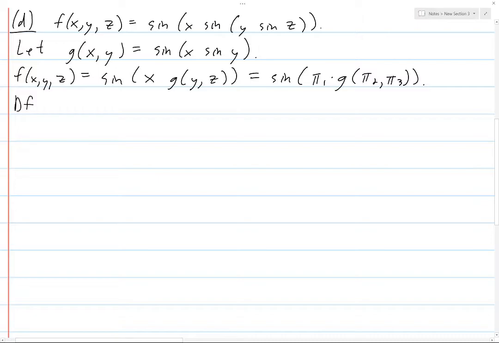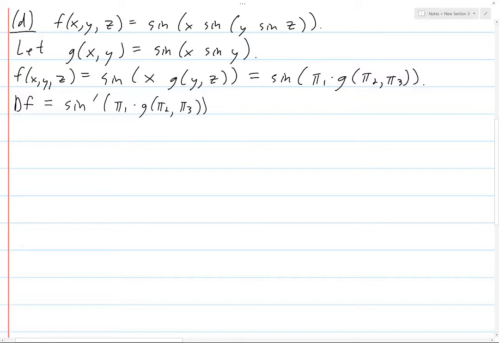So let's see here. We're taking the derivative of sine of pi 1 times g of pi 2 comma pi 3. So chain rule, we take sine prime of pi 1 times g of pi 2, pi 3, and we multiply by the derivative of what's on the inside, as usual.